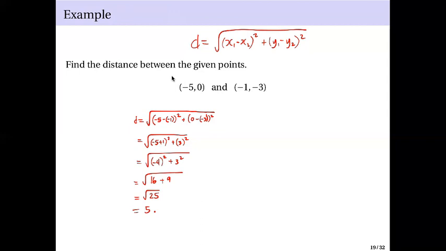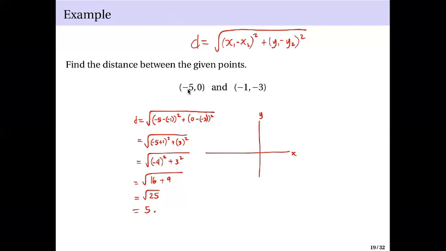If I ask you to graph these points first, let's just draw any horizontal and vertical lines. This is your x-axis, this is your y-axis, and then you want (-5, 0).